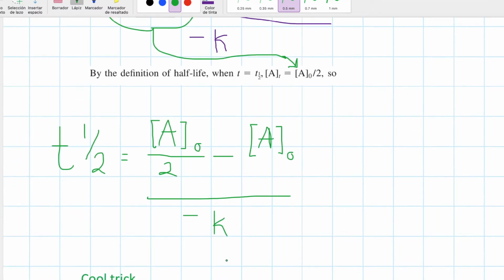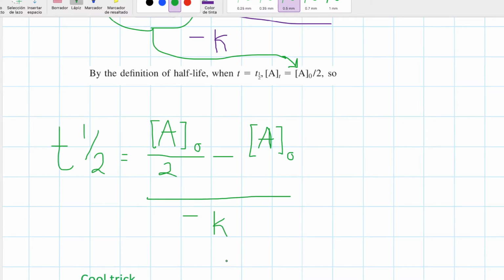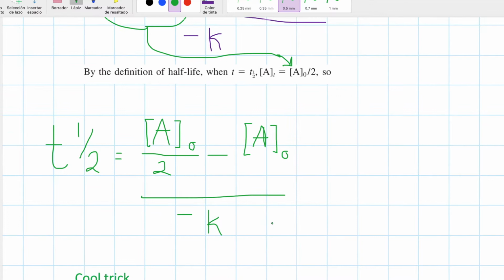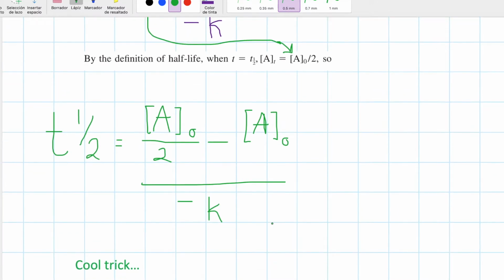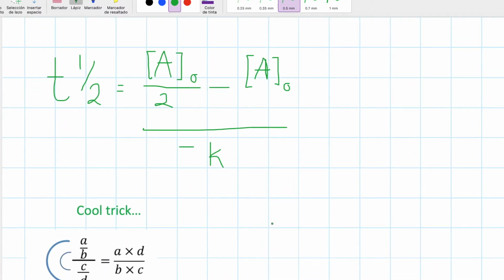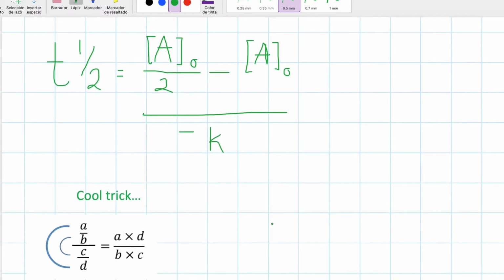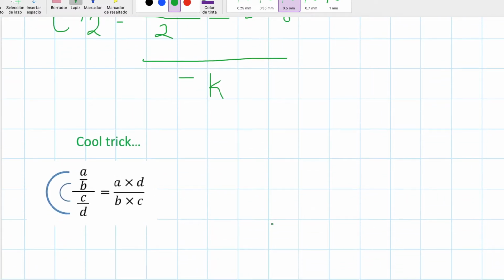As you can see, we already have the formula for t1/2, but it's a little bit messy. So let's try to rearrange this equation. Before we move on, I would like to show you a cool trick. I call it the tortilla rule.